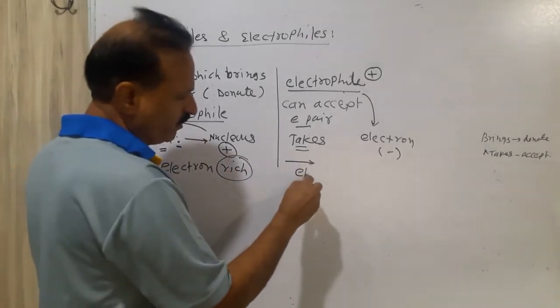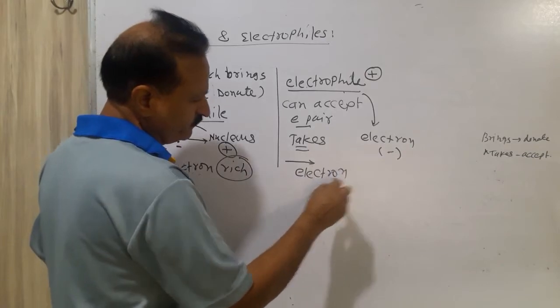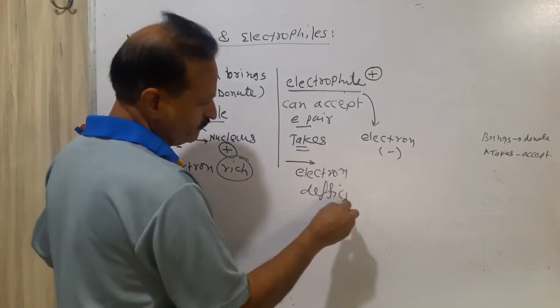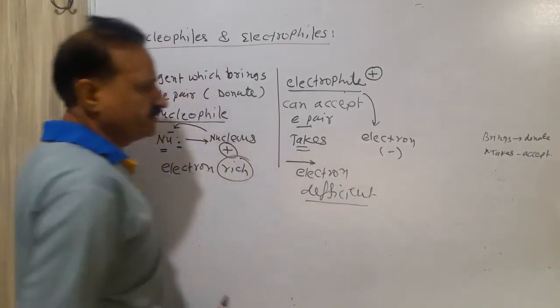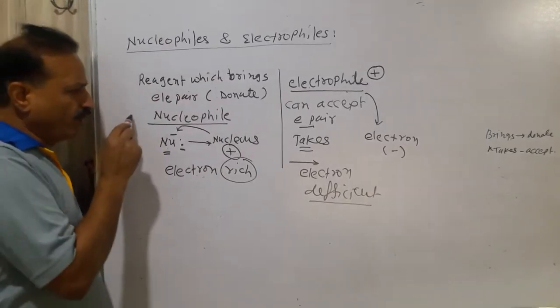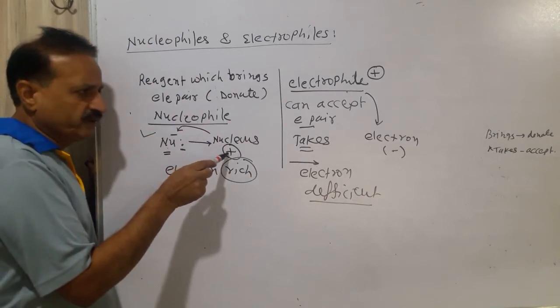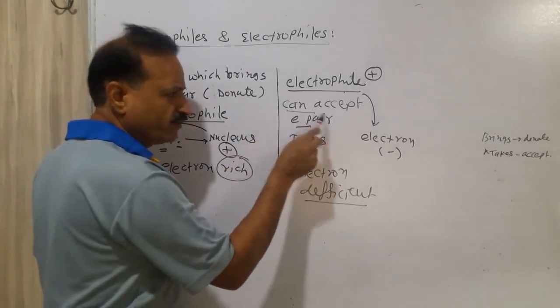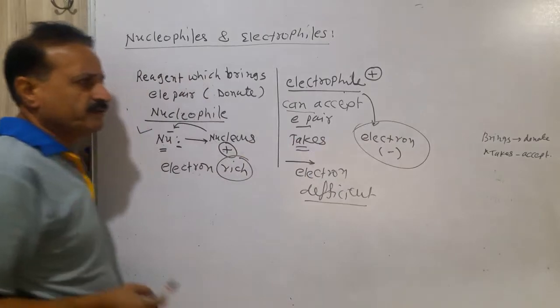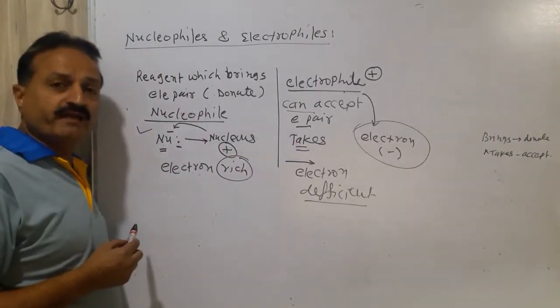This is always minus because it is attracted by nucleus. This is always plus because it is attracted by negative ion.